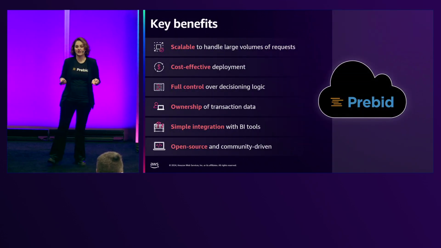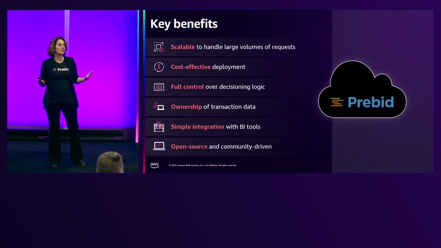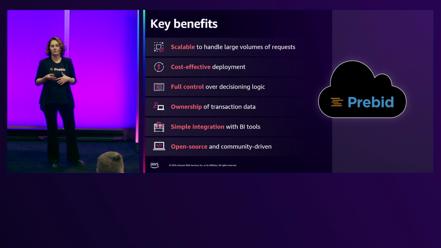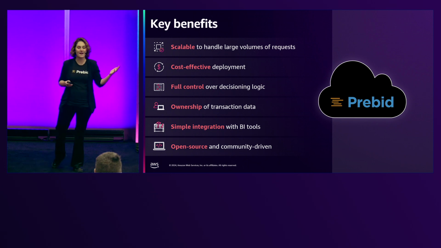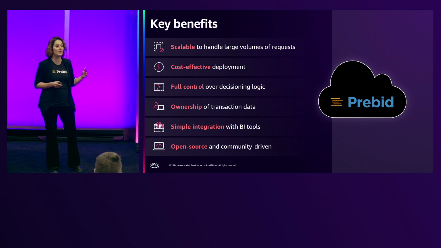So what are the benefits here? The benefits are that it's scalable. It's made to handle what I mentioned before, high volume, low latency workloads, and a large volume of requests. It's also a cost-effective deployment. You have full control over your decisioning logic, like I mentioned before, and ownership of your transaction data. It's a simple integration with BI tools, so there are many different partners that you see around the halls of the expo.